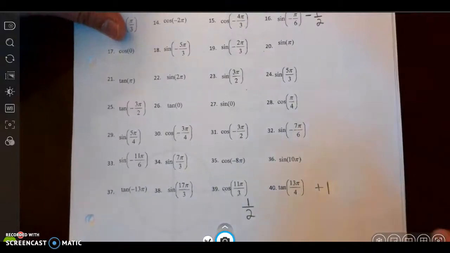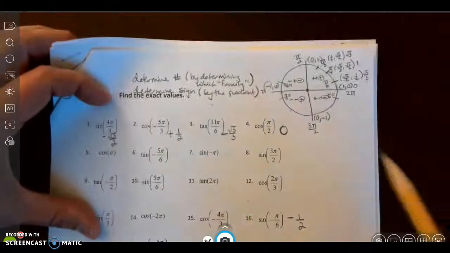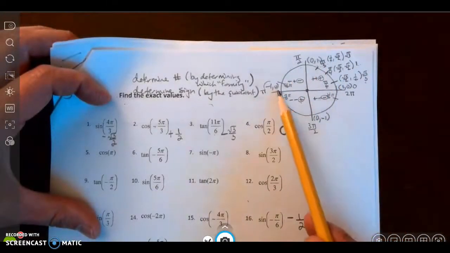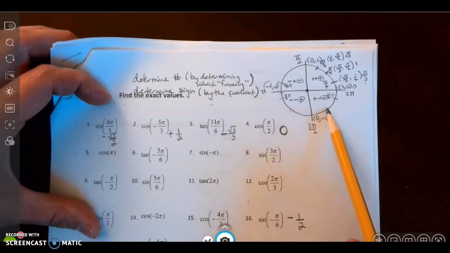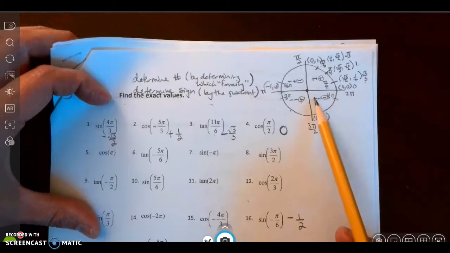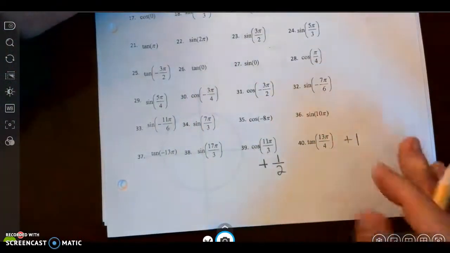Now I've got to figure out if it's positive or negative. 3 goes into 11 3 times, with 2/3 as my remainder, 3 and 2/3. So, to my unit circle, 3 is here, 2/3, 1/3 would be here, so 2/3 is in this quadrant. So I'm going to be in this quadrant here where cosine is positive, so it is positive 1/2.